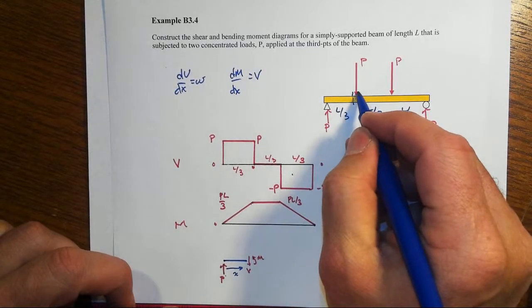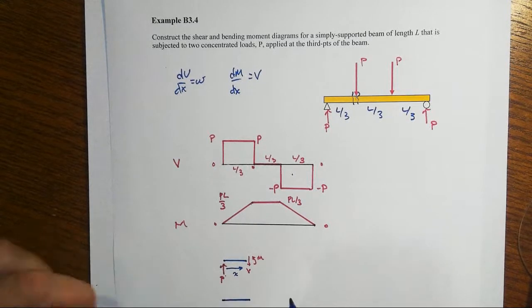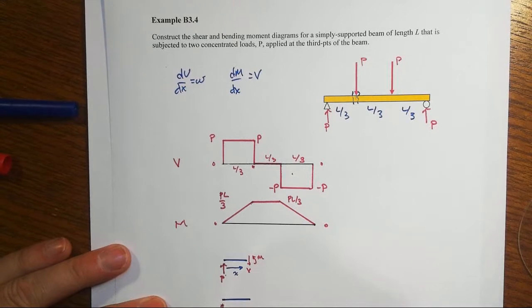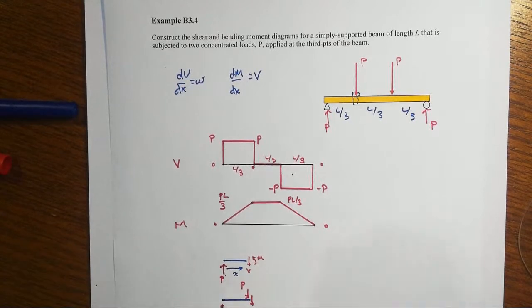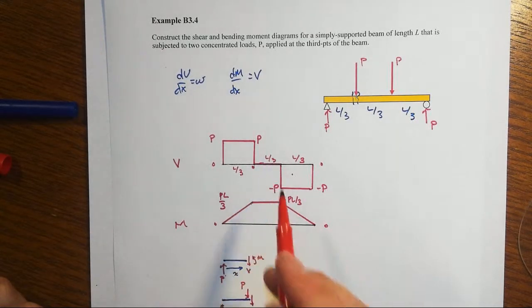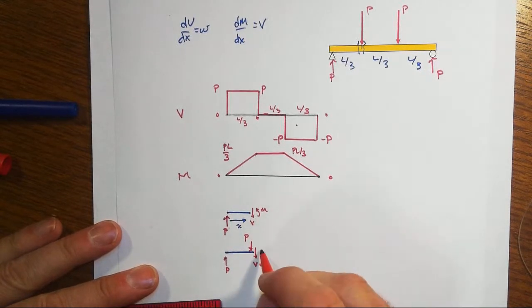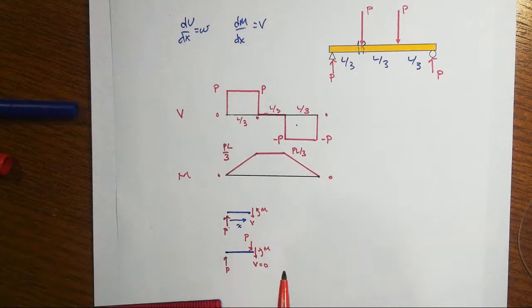Now let's go just to the right of that load. Now the load shows up. We're just to the right, so there's your V, but P equals P plus V, so V has to be equal to 0. That's exactly what we've got showing in that little segment. And the bending moment, as it hops onto the other side, really hasn't changed anything.